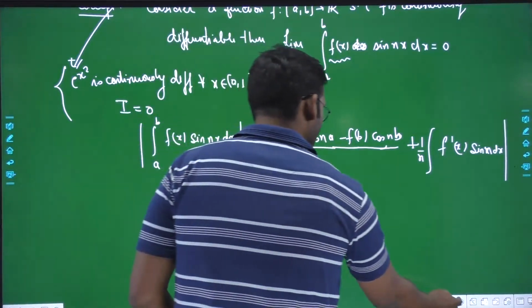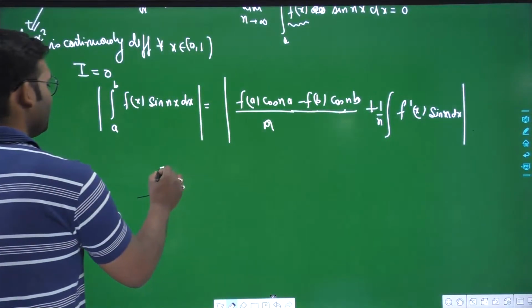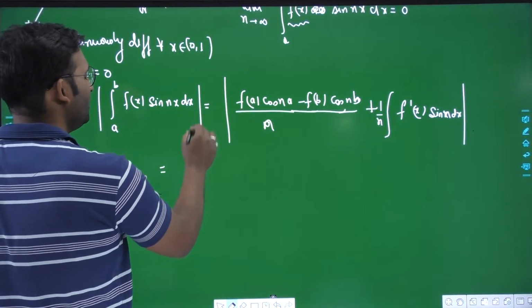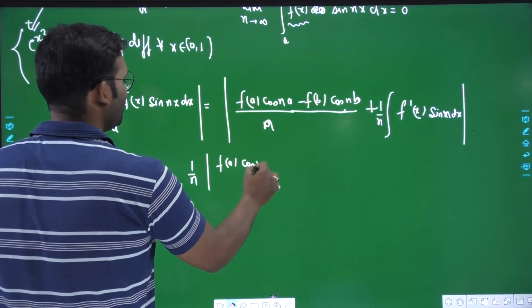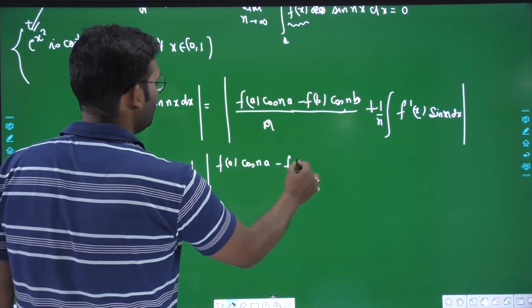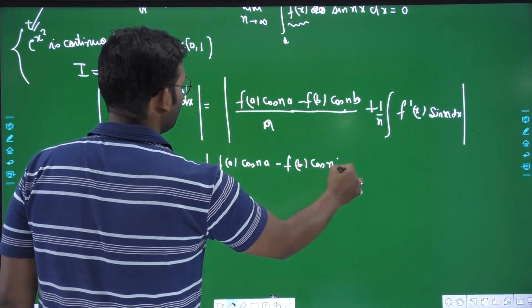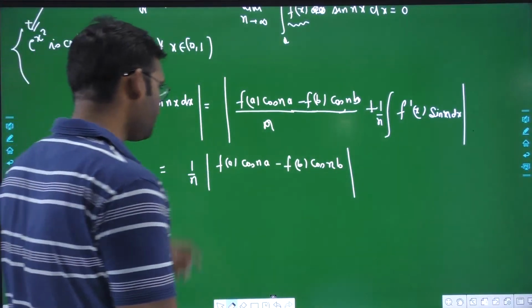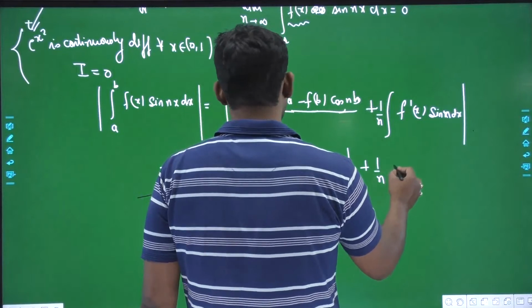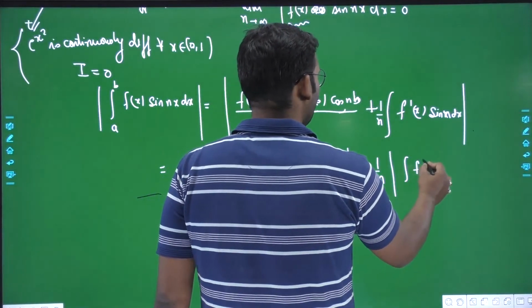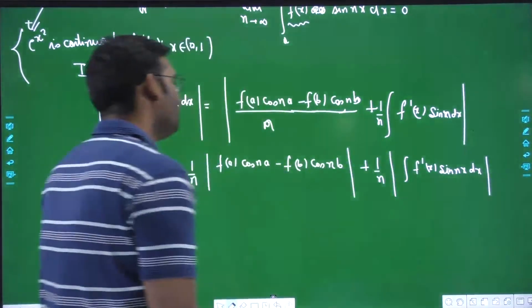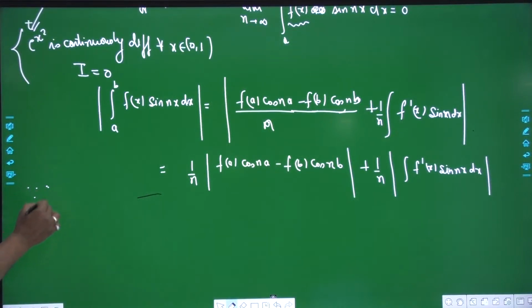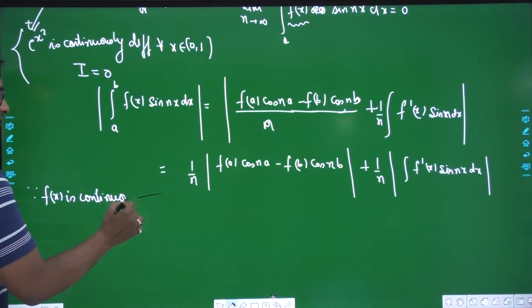So what you are getting, just see to it: integration a to b f of x sin nx modulus dx, you will get 1 upon n modulus of f of a cos of na minus f of b cos of nb, the modulus, plus 1 upon n modulus of integration f dash x sin nx dx. Now see, the function f of x is continuously differentiable, since f of x is continuously differentiable.